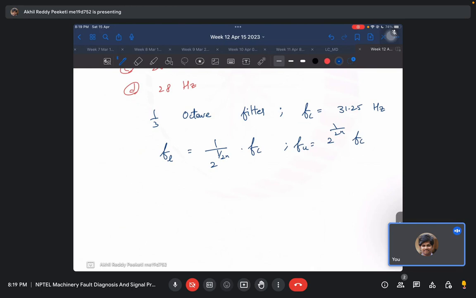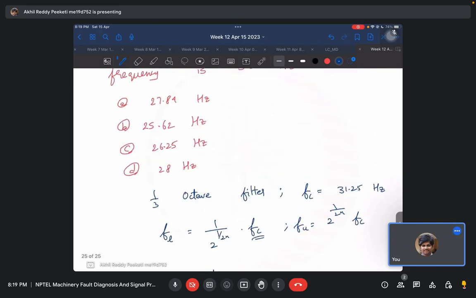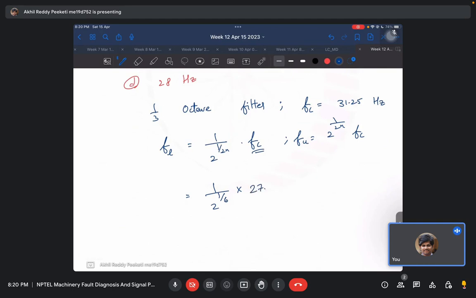So this is the formula if you know the center frequency to get the lower frequency or the upper frequency. Here n is 3, for the 1 by 3 octave filter, into 31.25. So this actually comes to 27.84 Hz as the lower frequency.